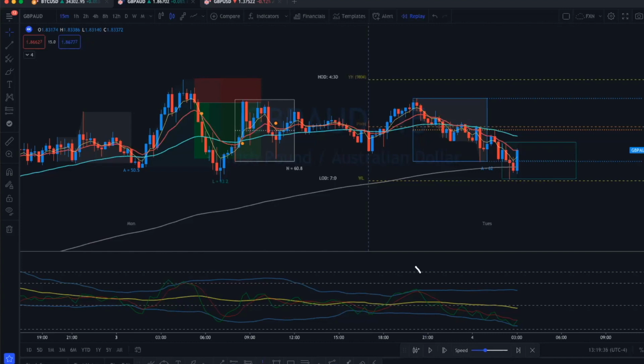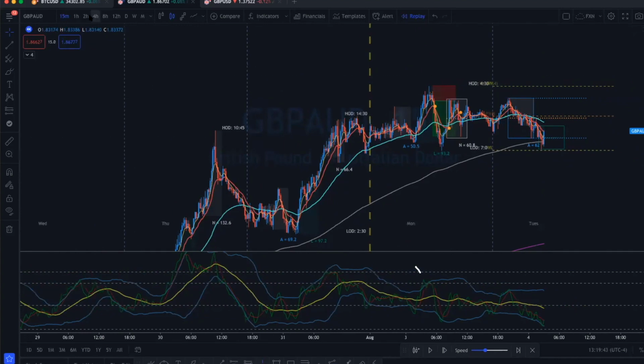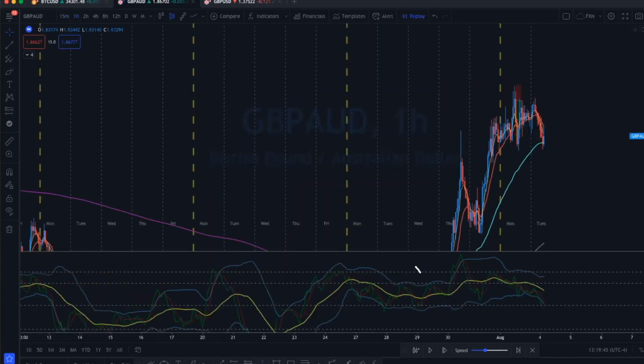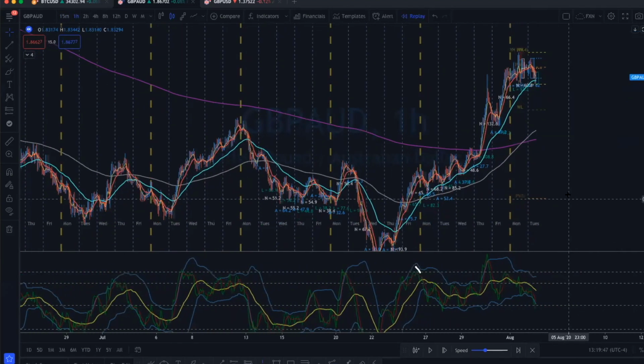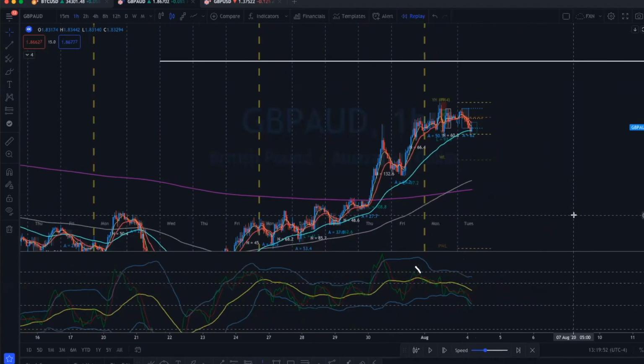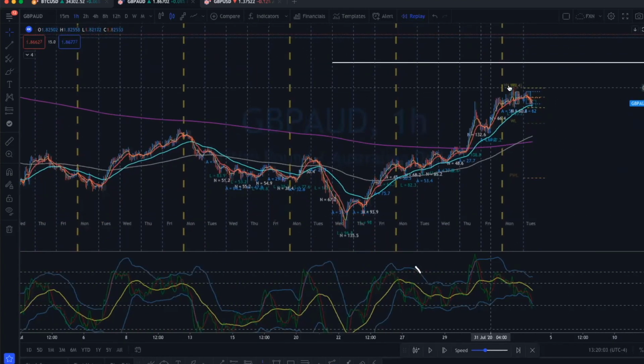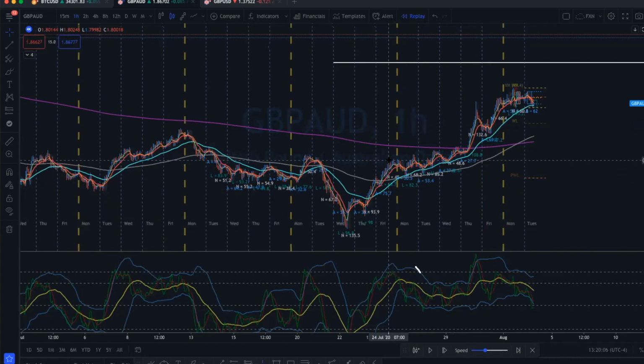The directional bias that I would be in, if I look at the 1 hour chart real quick, would probably be more of a selling bias, although we don't have a crossover yet of the 50 and 13. I don't know what the ADR is for that time for this pair.